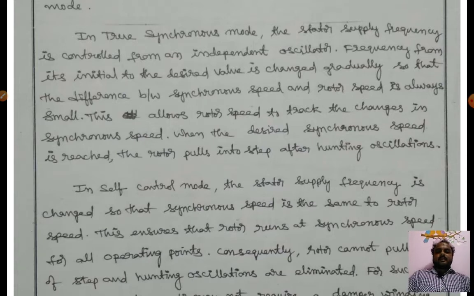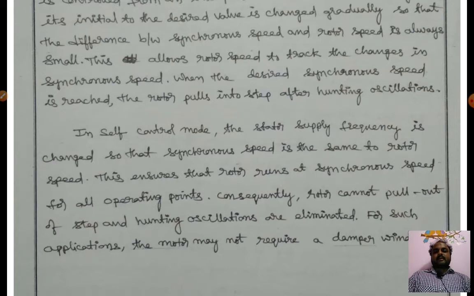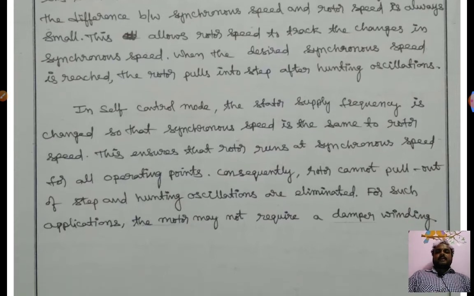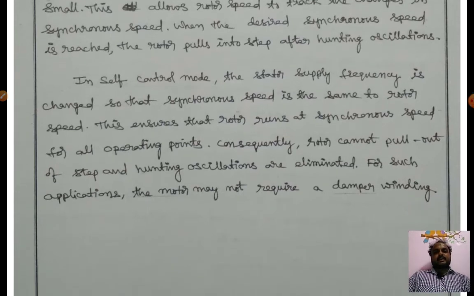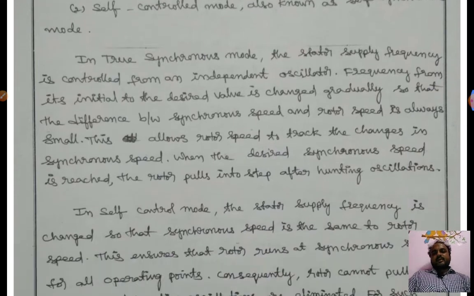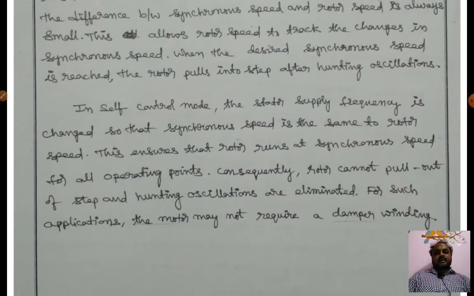From its initial to the desired value, the frequency is changed gradually, so that the difference between synchronous speed and rotor speed is always small. The slip will be very small. The rotor speed tracks the changes in the synchronous speed until the desired synchronous speed is reached. So this is the true synchronous method.